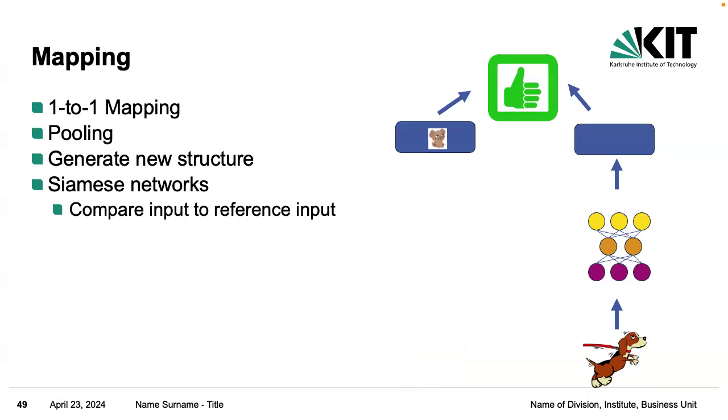So for each of your objects which you want to classify, you have to store this type of embedding, a vector representing them, which is learned. And then during inference, what you really do is you calculate for your new image an embedding, and you compare it to see whether it's similar or not.